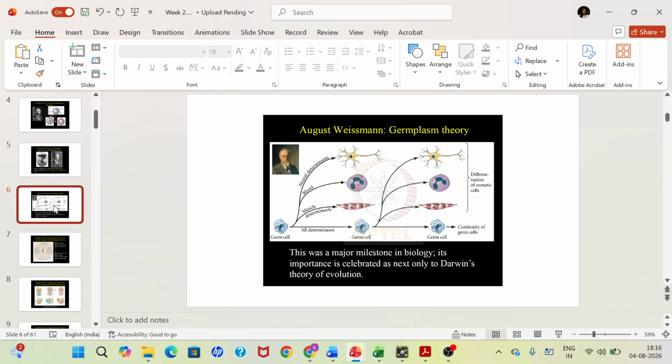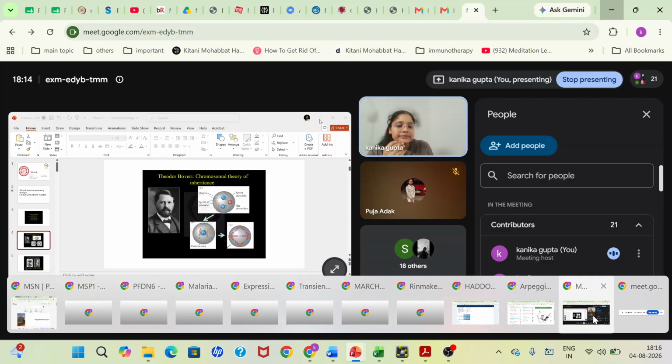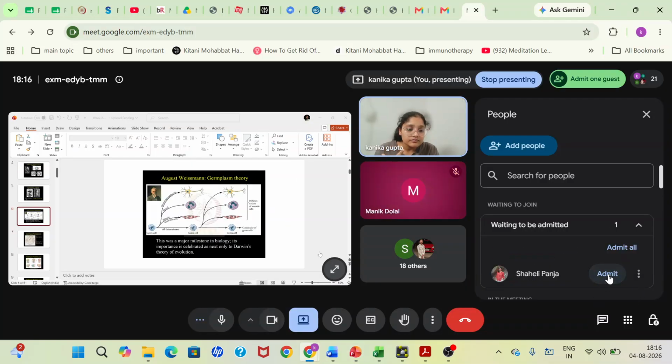Then came the germplasm theory, which said that the germ cell has all the information for somatic cells also, because obviously a germ cell will have all the information. That is why when they fuse to form the zygote, only then is the zygote able to develop into a whole organism.